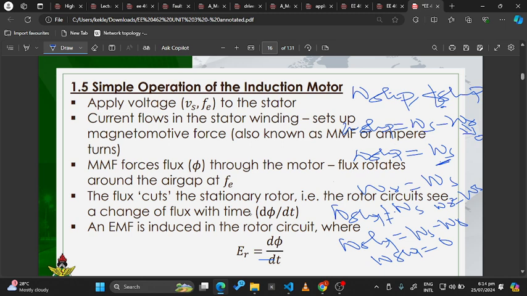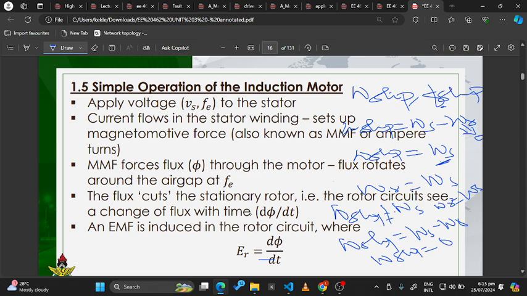Then the rotor is going to see the flux in the air gap as stationary, because they are all moving at the same speed. Relatively, the rotor is going to see the flux to be stationary, meanwhile the flux is not stationary.